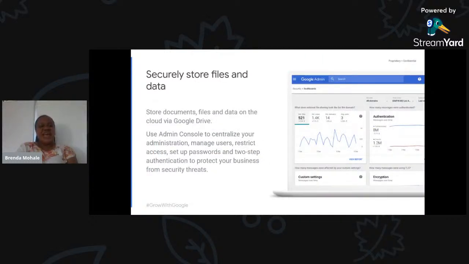Secure your files and data. How do you secure your files and data? So you store documents, files and data on the cloud via Google Drive. Use the admin console to centralize your administration. That is how you secure your files and data.